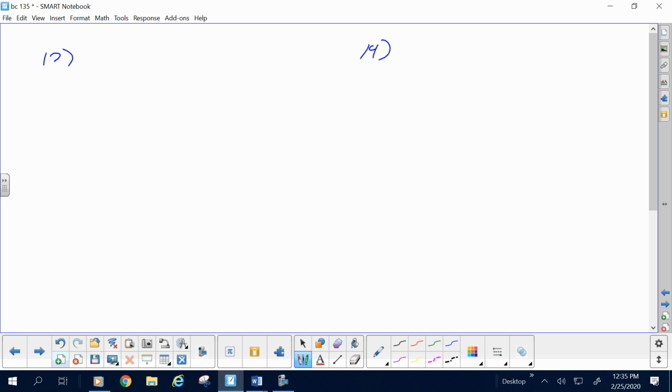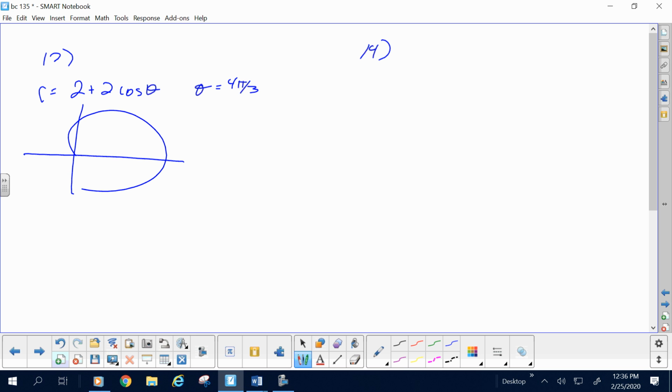All right, 12 real quick. The equation of the tangent. Is this the one that scoops me out? I can't remember. Okay. Maybe a little hint here that is icky is to think 4 pi over 3 is here.